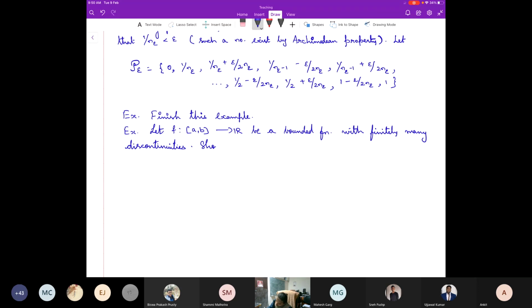Show that f is Riemann integrable. This is not a difficult exercise. You should be able to do this.